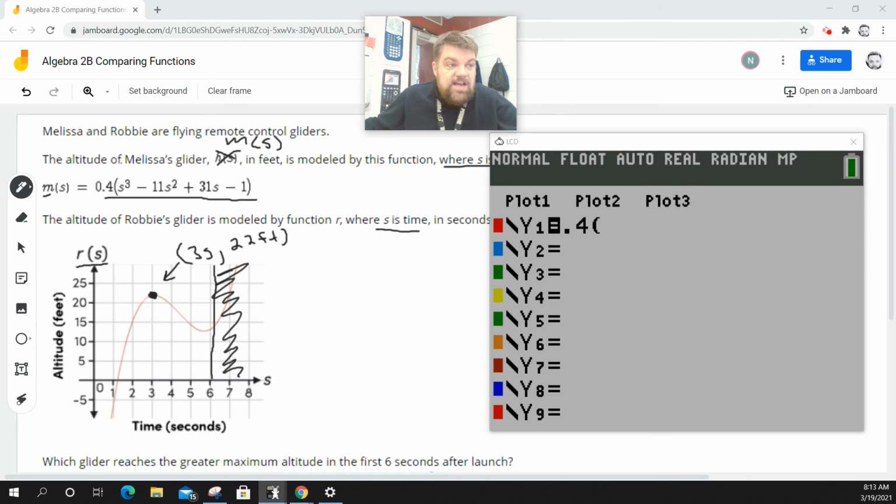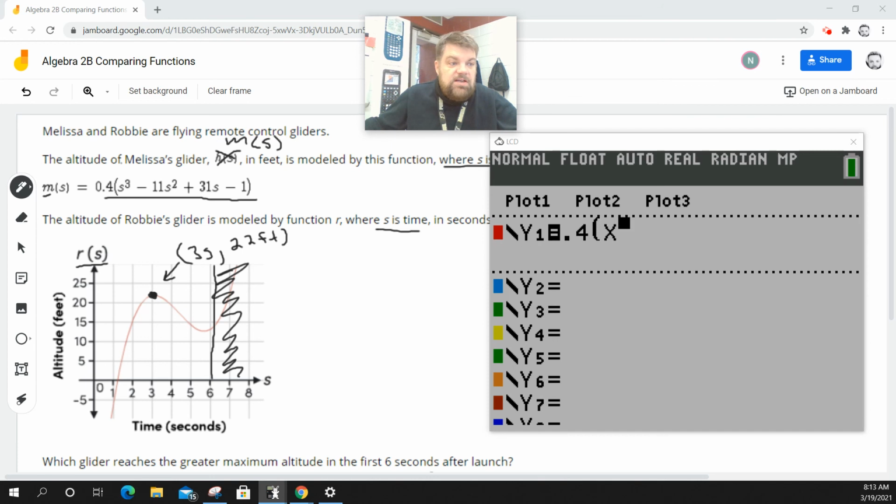I'm going to have to use x instead of s, so it's going to be x cubed minus 11x squared.